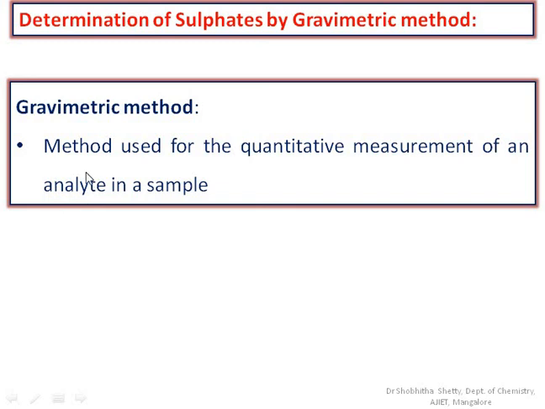We convert the analyte into another product which exists in precipitate form. Then we find the quantitative measurement of the product formed by a standard method, using Whatman filter paper, calculate the exact amount of the product formed, and from that we can calculate the amount of the analyte present in the given sample.